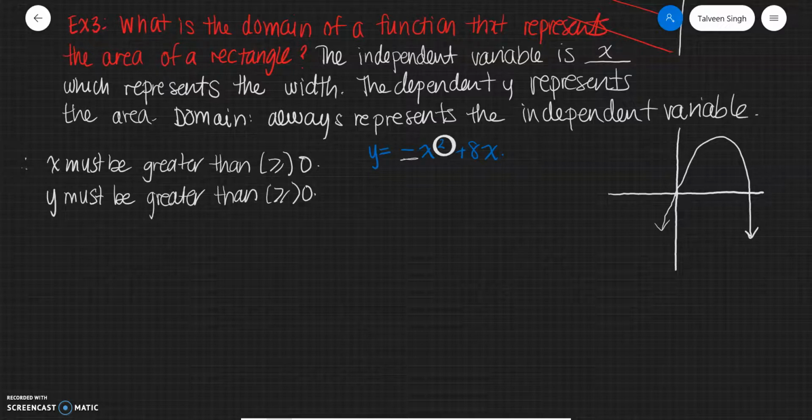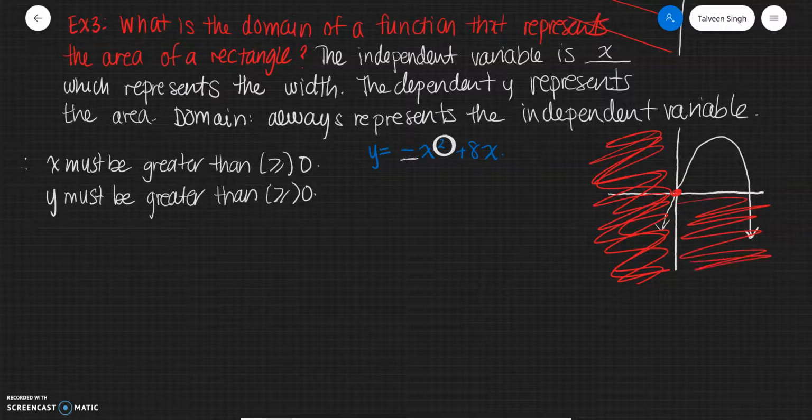Very easy, you can't have any negative x's. So we're just going to cross this entire part out. Our function cannot exist here, because x has to be greater than 0. Our function can also not exist in this region here. Why? Because you can't have a negative y. So our function needs to exist between these 2 points.